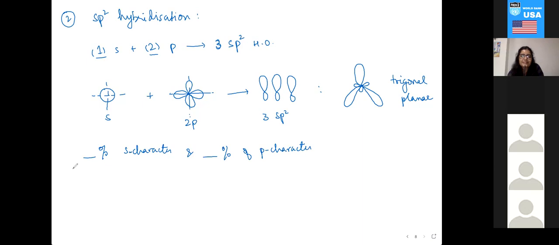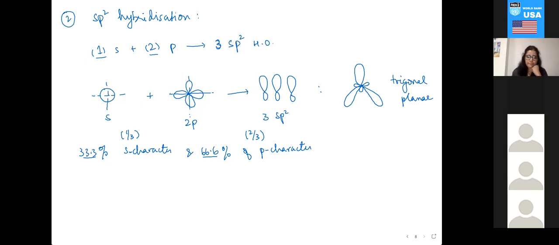This is a simple math question. 33% of s and 66% of p. Absolutely. So 1/3, that's 33.3% s, and 2/3 will be the p character. Total 3 orbitals are mixing, so 1 out of the 3 you're taking s and 2 out of the 3 you're taking p. Everything is conserved. 1/3 is s character, 2/3 is p character.